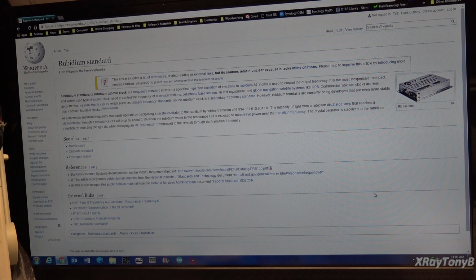So basically, that radioactive decay is very, very accurate, based on the element. In this case we're using rubidium and its atomic activity, and without getting too crazy with science, basically we're using that as a standard clock.